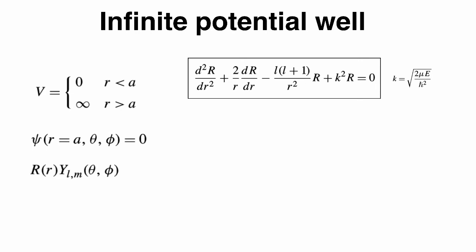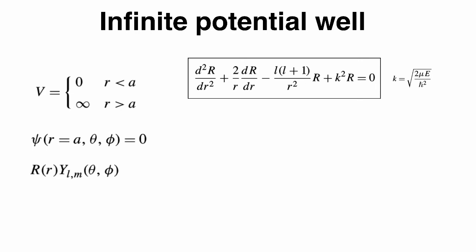And we will accept solutions that have L different from 0. That's the reason why the centrifugal barrier shows up again here. This equation in the box actually has no potential in it, because the equation is inside the well, where V is equal to 0.